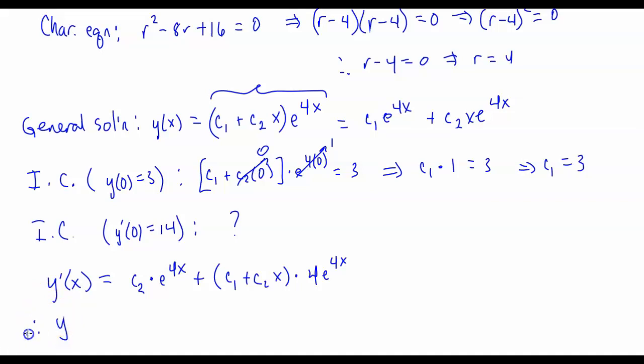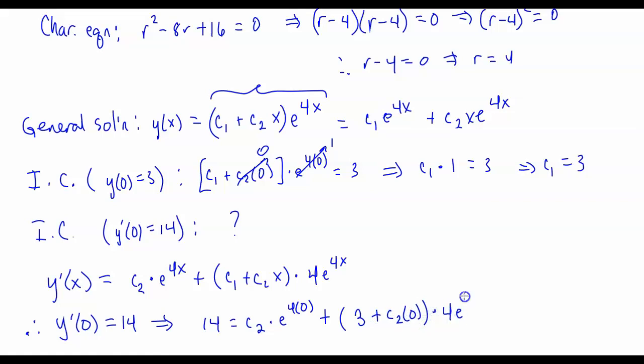So here, y prime of 0 equals 14 is going to imply that 14 is equal to c sub 2 times e raised to the 4 times 0 plus c1, which is 3, because remember we found that out, plus c2 times 0 times 4e raised to the 4 times 0. Okay?